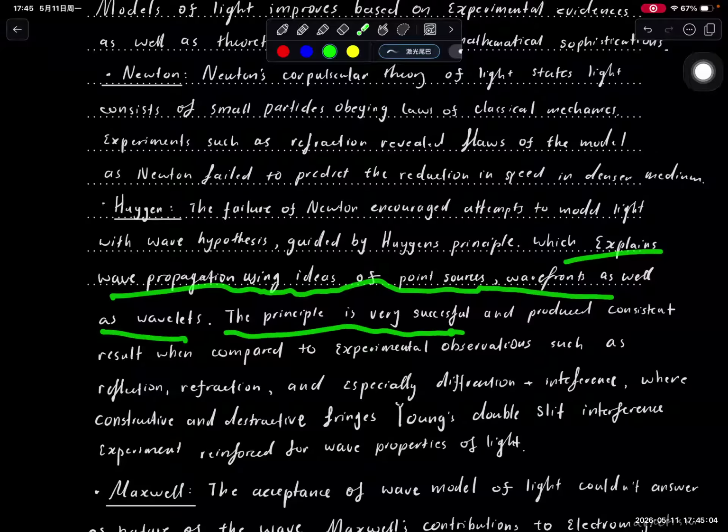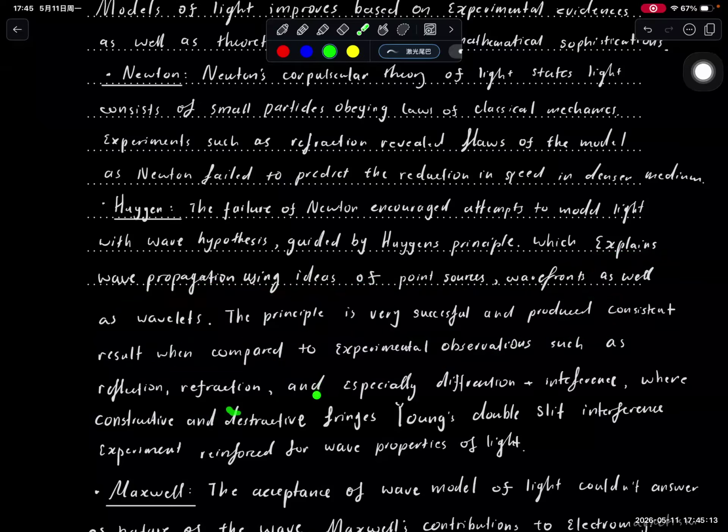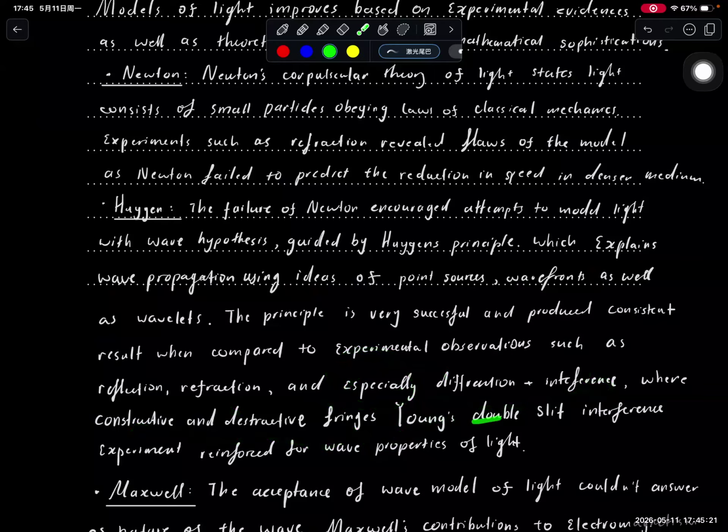This principle is very successful and produced consistent results when compared to experimental observations, such as refraction, reflection, and especially diffraction and interference, where constructive and destructive fringes occurred in the Young's double slit interference experiment. So how Newton said was different to what Huygens said, in terms of it can explain more phenomena of light, such as constructive and destructive interference, shown in this experiment, Young's double slit.